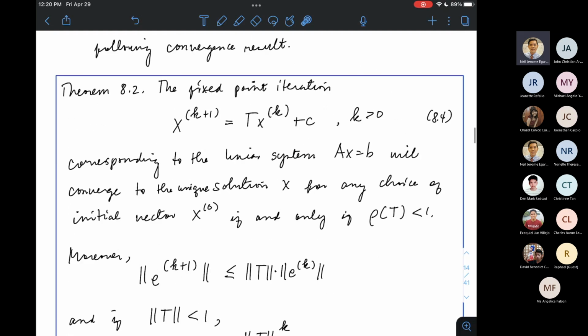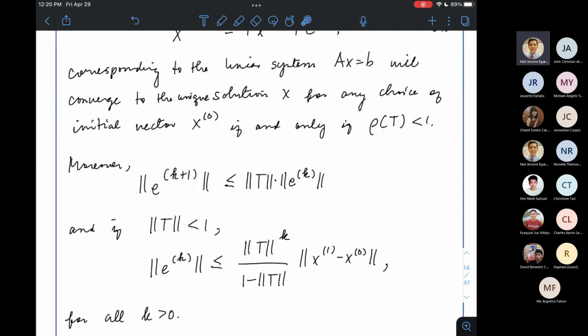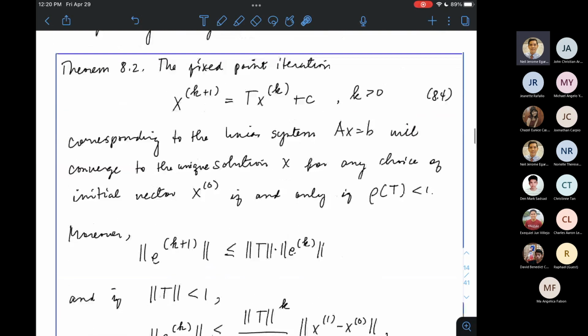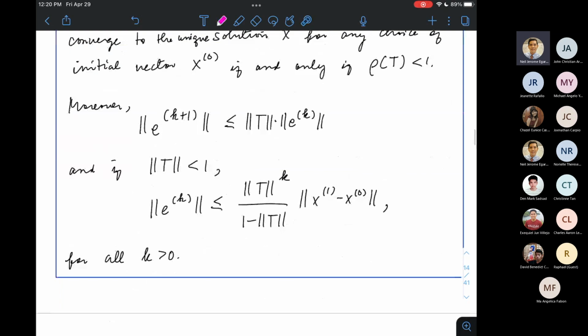Okay. Define ko ba yung error vector? Sorry, I forgot to define what the error vector is. The error vector, so mag-update na naman pala ako mamaya. The error vector e upper k plus 1 basically is, sorry, define natin to this way: e upper k plus 1 equals vector x upper k plus 1 minus x upper k.